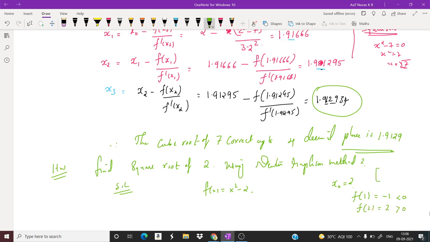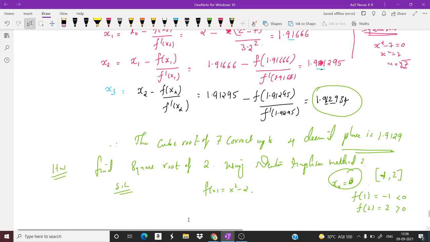So 1 to 2. You can choose any value in between 1 and 2 as x naught. Okay, so that's your homework.